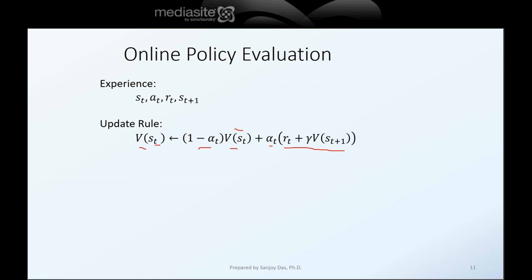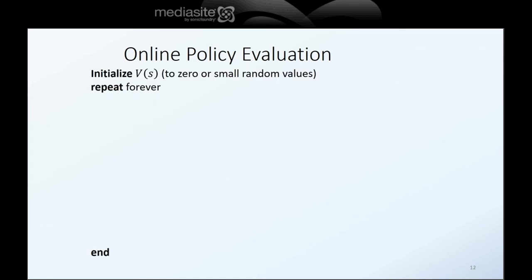Now let's see the algorithm. Online policy evaluation. At first we initialize all state Vs to 0 or very small random values. And then you see a repeat loop. This is repeat forever. That's because it's online, so you can keep learning forever, lifelong learning.